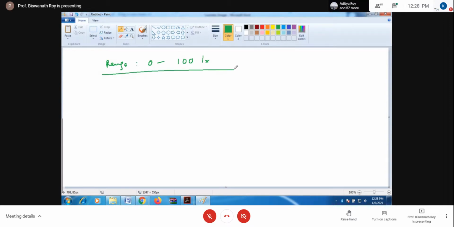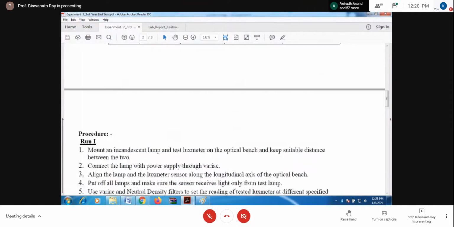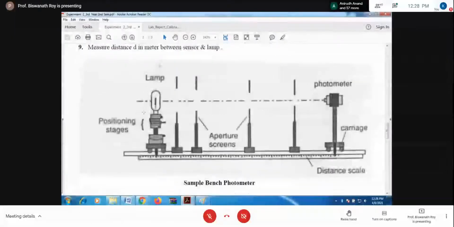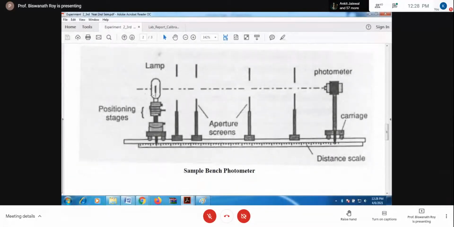So we place a lamp here. Lamp is supplied by a controlled voltage, and the photometer, the lux meter, is placed here, right? We can measure the distance between the position of the lamp from this point. We can get the value of position of the lux meter from this point.